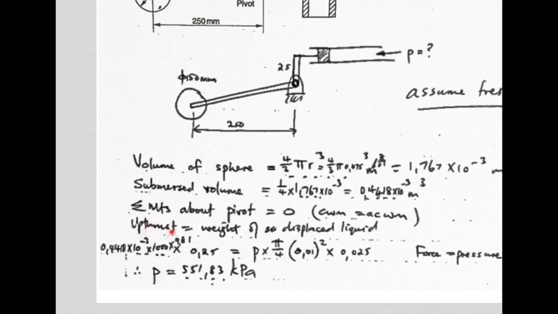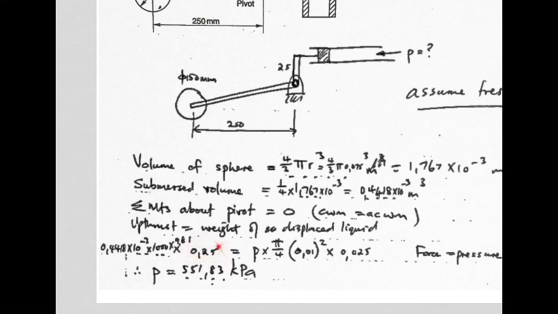And we remember that upthrust is equal to the weight of the displaced liquid. So the displaced liquid, we've worked out a short while ago, that is its volume times density will give us the mass of the displaced liquid, times 9.81 gives us the weight of the displaced liquid.